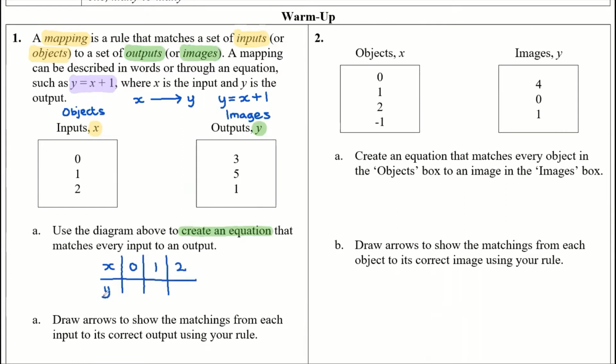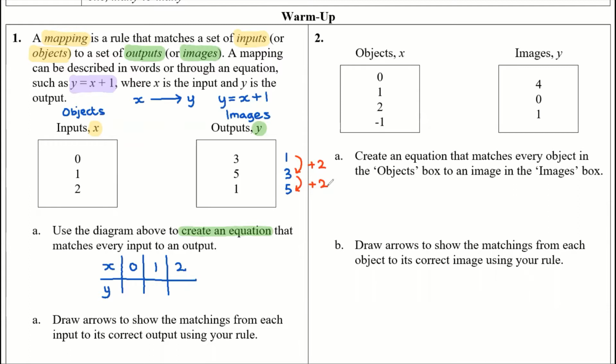If we have a look at the outputs, they're not necessarily in the correct order. You can't assume that. But if I just rearrange them in the order 1, 3, and 5, because the inputs are in order, let's put the outputs in order. That would make sense. They seem to be increasing by 2 each time. So perhaps there's some kind of nth term rule I can use here.